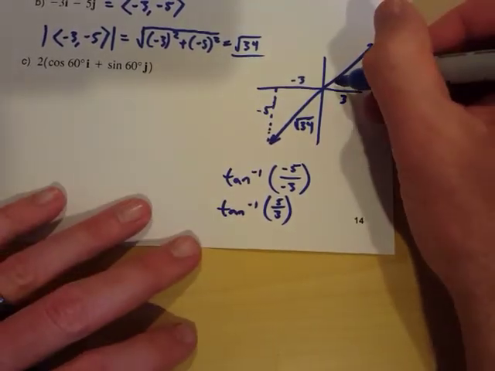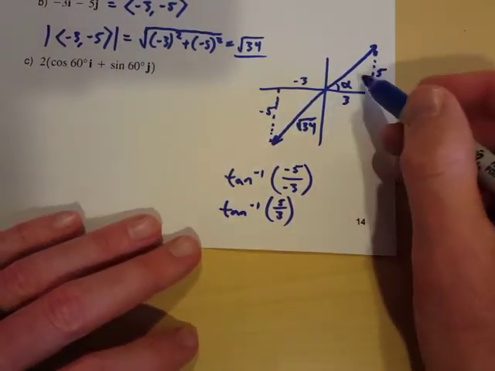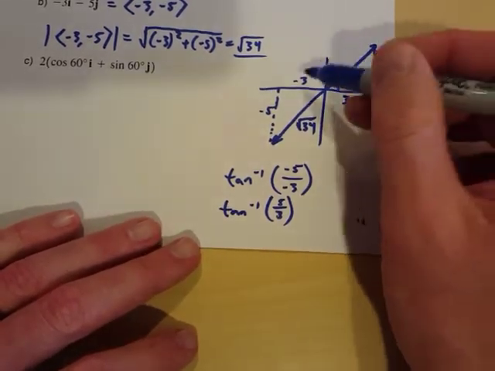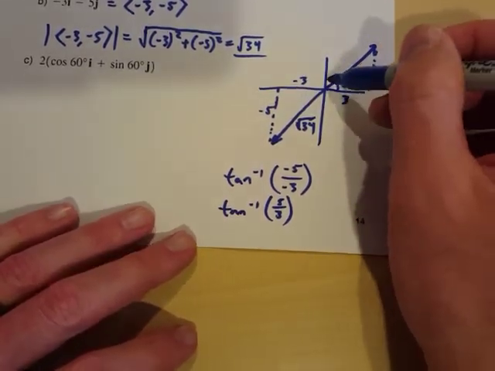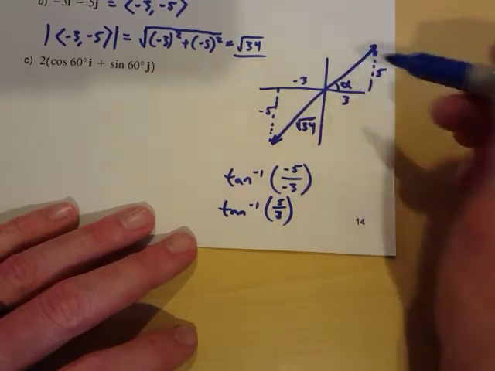Now once we get this angle, once we get our alpha here, we are going to have to do something with that that's in the first quadrant. In order to translate it to the third quadrant, we're just going to have to add 180 degrees, because you can see here, this is going to be 180 degrees from this original.